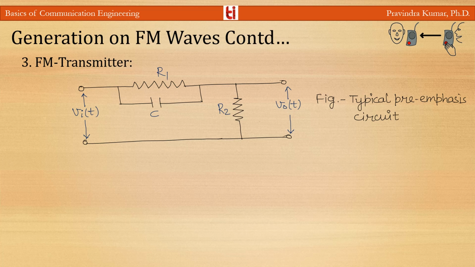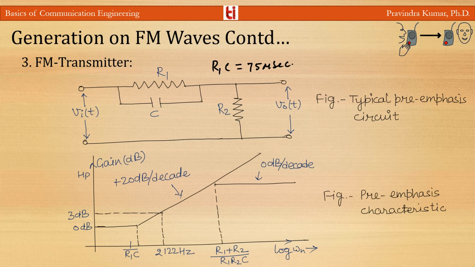This circuit you can see on your screen, and its time constant R1C is 75 microseconds. Here the characteristic of the pre-emphasis circuit is given. Up to 1 by R1C it is 0 dB, and from 1 by R1C to (R1 plus R2) by R1R2C it is plus 20 dB per decade, and after this it is again 0 dB per decade, or you can say minus 20 dB per decade from here.